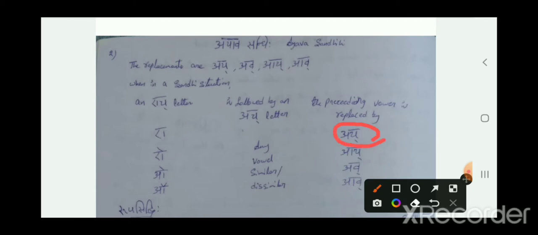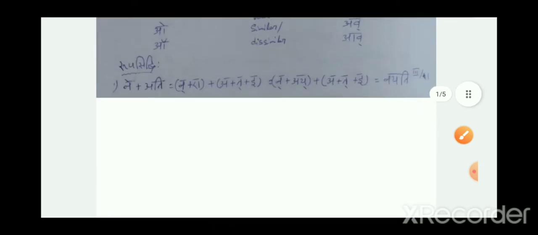Where I is replaced only in the place of A. But in the following vowel, in the Ach letter, we did not replace anything. It remains the same. So replacement happened only on the left hand side. So that you remember. Now we'll see the Purvarupa Sandhi.